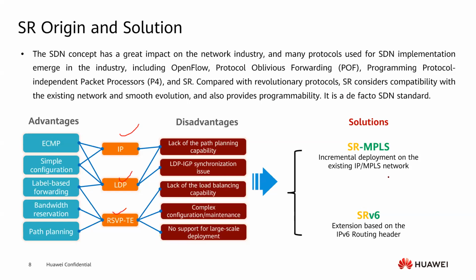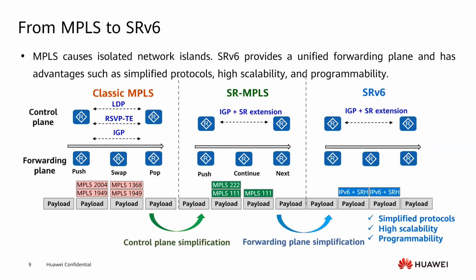Basically, we have two types of segment routing solutions, SR-MPLS and SRv6. If you compare classic MPLS, SR-MPLS, and SRv6, you will find that SR-MPLS, as we said, simplifies the control plane, because for SR the control plane is put into the controller.